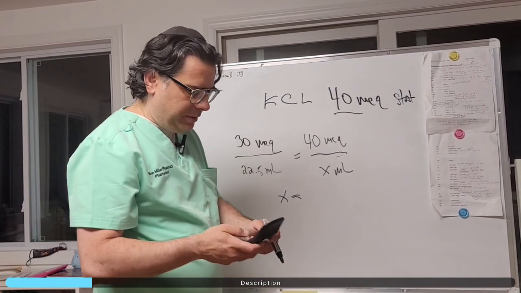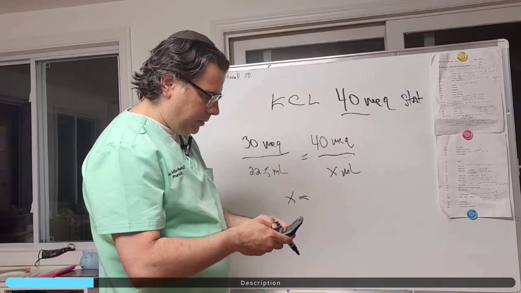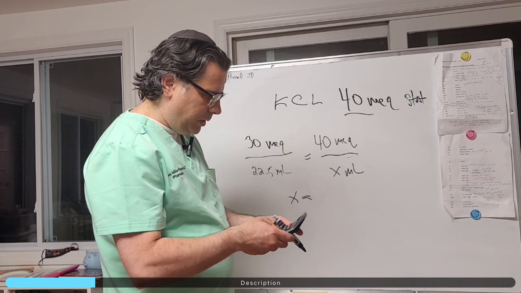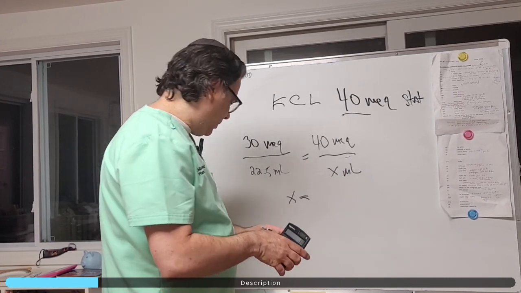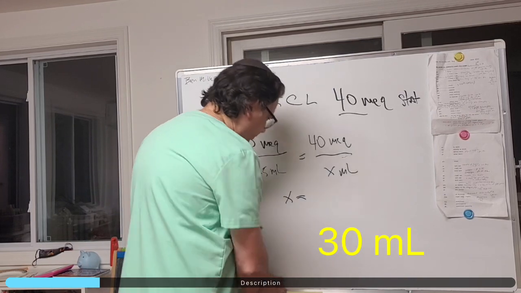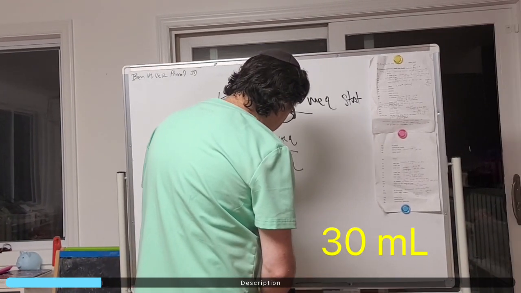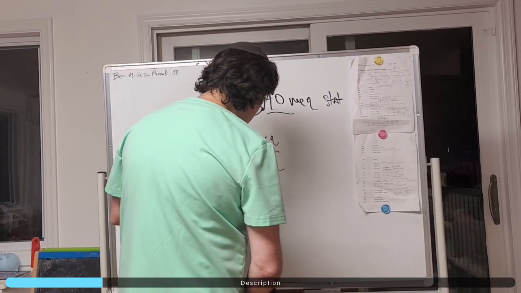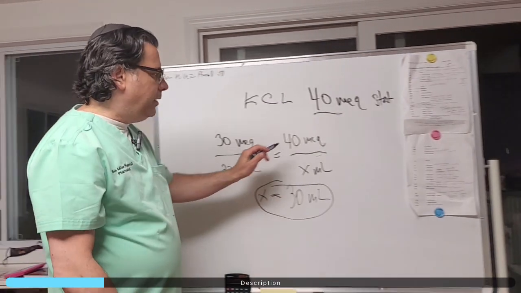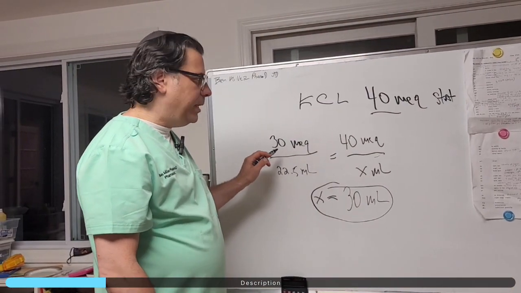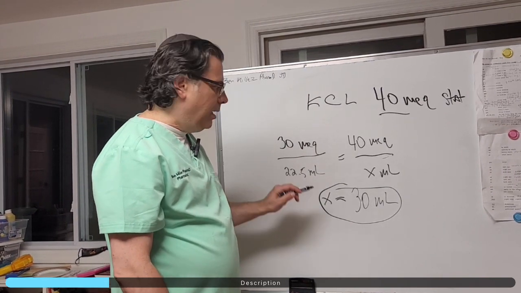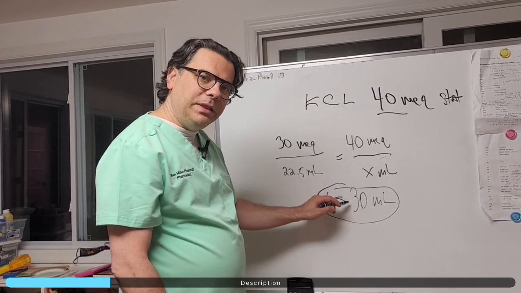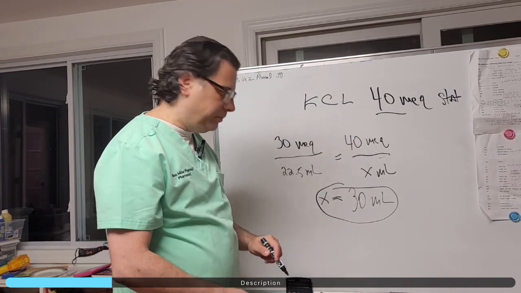Grab your calculator or your cell phone and work with me. 40 times 22.5 is equal to 900, divided by 30 is equal to 30 ml. So to get the 40 MEQ from the concentration available in the pharmacy, 30 milliequivalents per 22.5 ml, you would measure out 30 milliliters, and that'll give you the 40 MEQ.